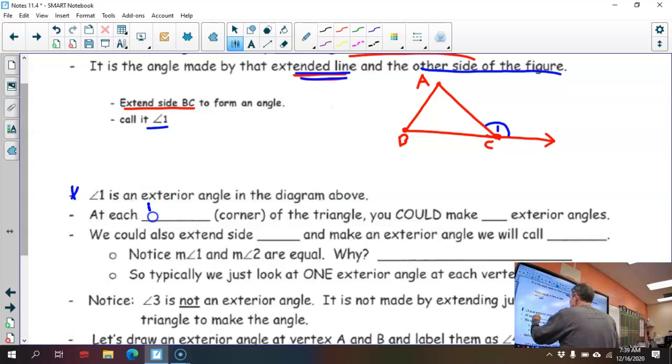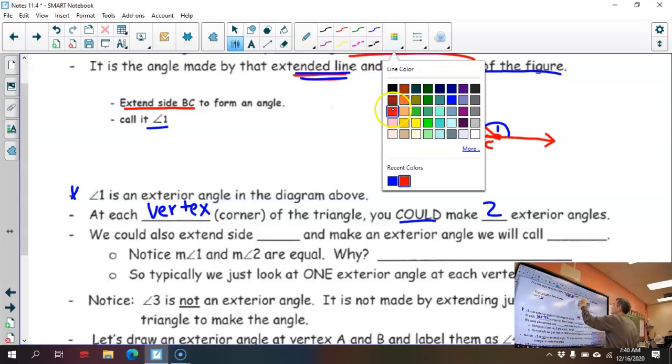Now, at each vertex or corner of the triangle, you could make two exterior angles. I could make another exterior angle also at point C, like this.